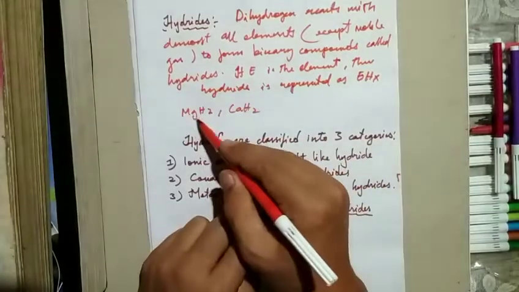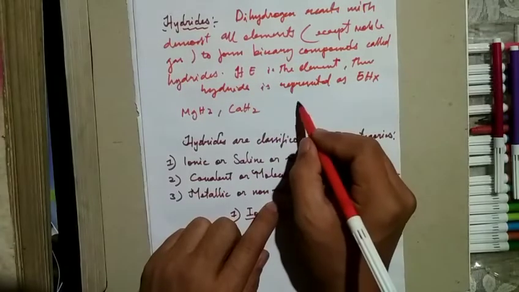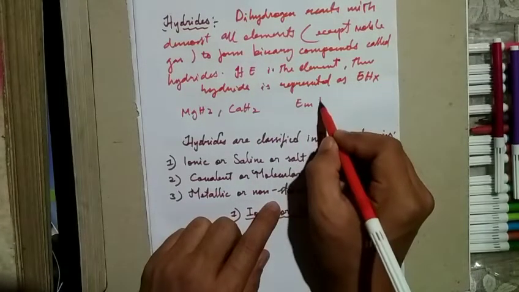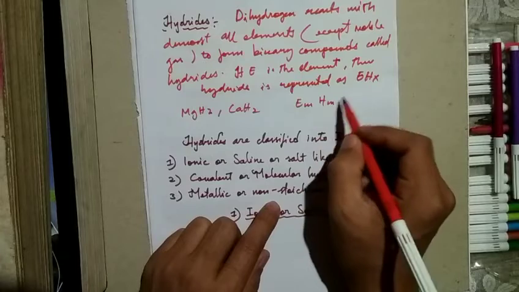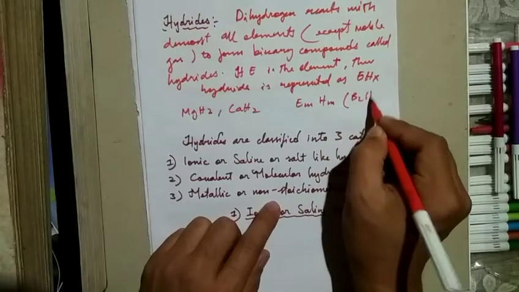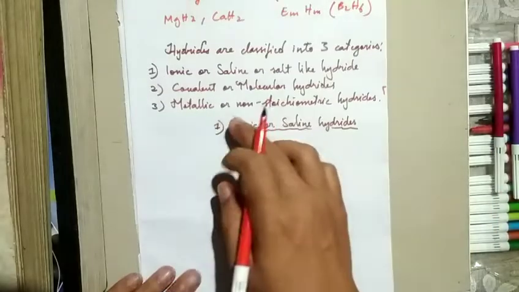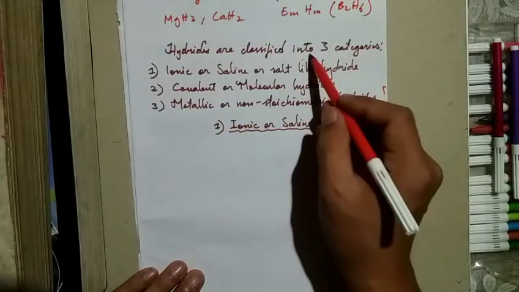So this is an example of hydrides. Another can be EmHm. An example of this will be B2H6, diborane.